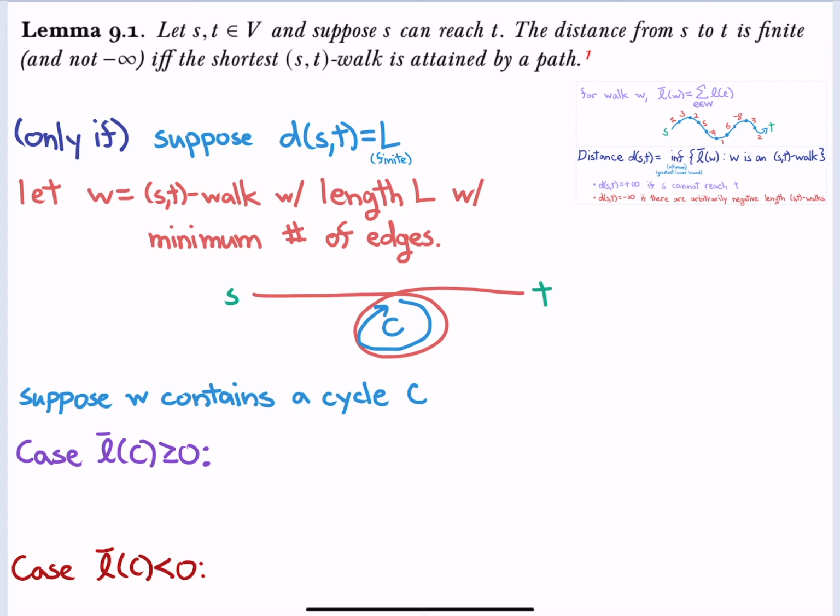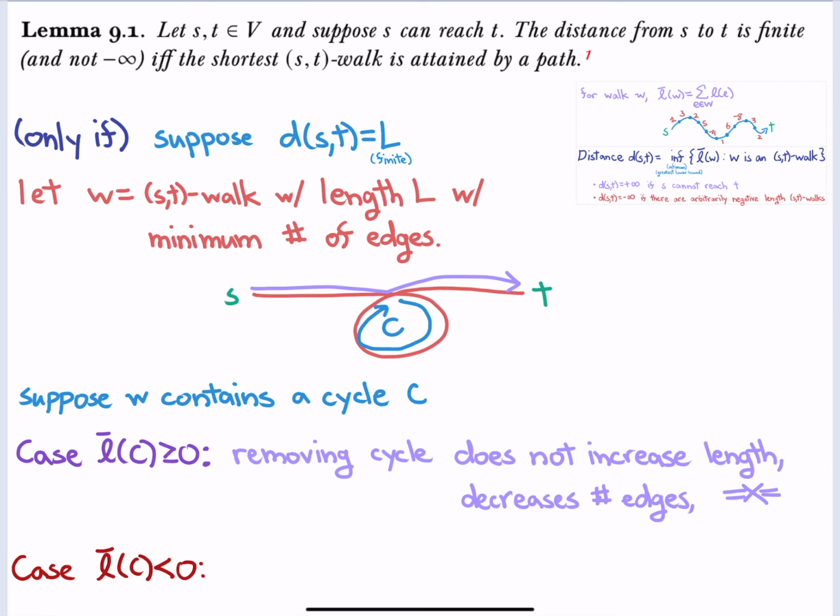If I look at this walk, which skips over the cycle, I remove the cycle. It might not even be a path afterwards because there might be other loops I didn't draw. But nonetheless, since the length of the cycle is greater than or equal to 0, removing that cycle just subtracts some non-negative value, so the total length of the walk is not going to go up.